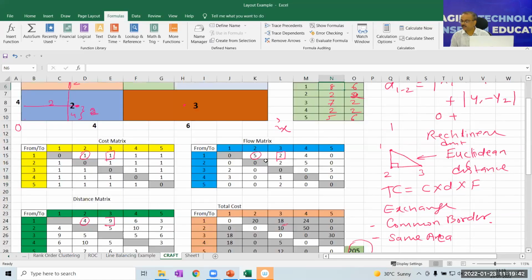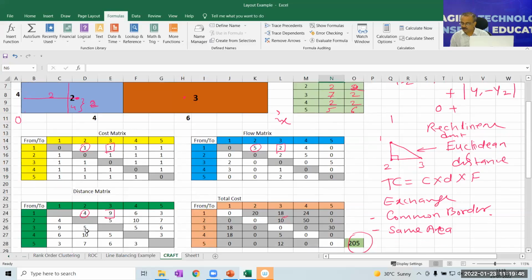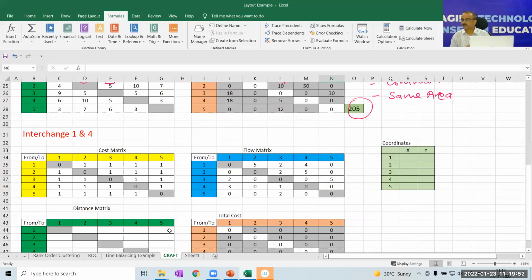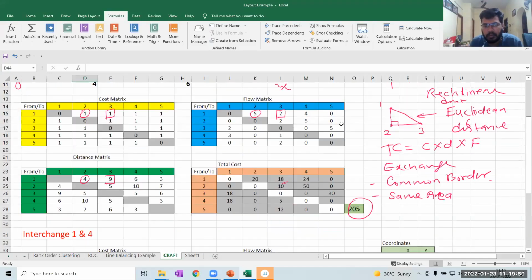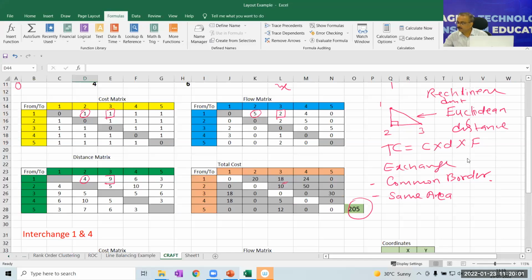Okay. So based on this exchange, what will you calculate? You will first find the coordinates, and based on that, you have to find the distance. So what will be the distance between 1 and 2, based on these coordinates? It will be x1 minus x2 plus y1 minus y2.